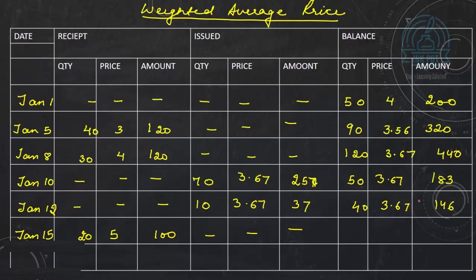So, when you divide 246 by 60, we have 60 units, the rate is 4.1, and the value is 246.